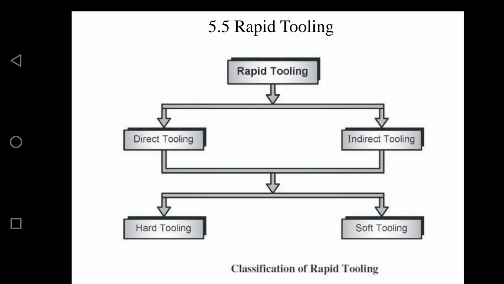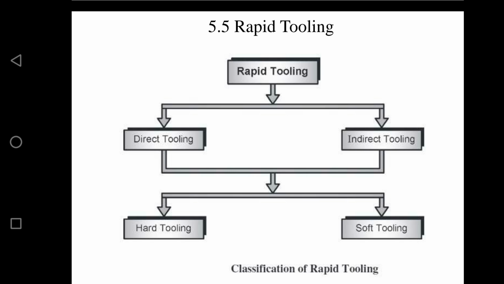So what are the advantages of using direct tooling? I told you rapid tooling produces tools with high accuracy, so the direct tooling process also produces tools with high accuracy.